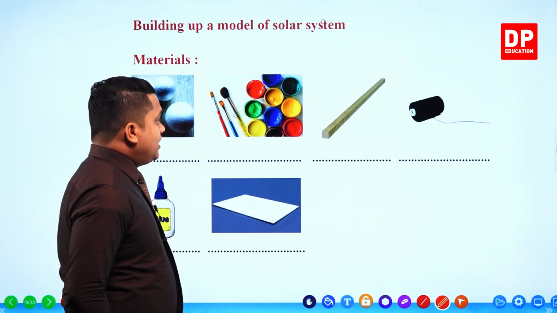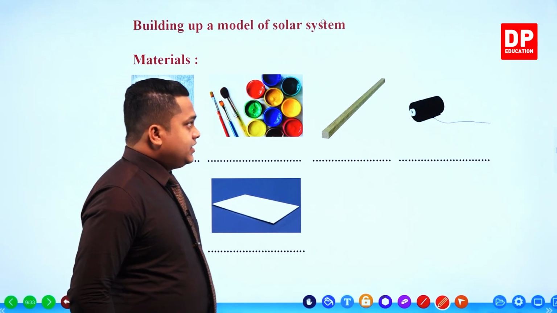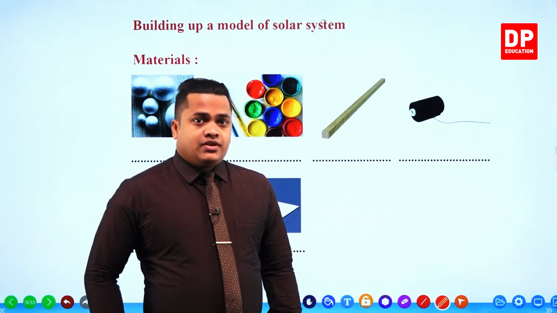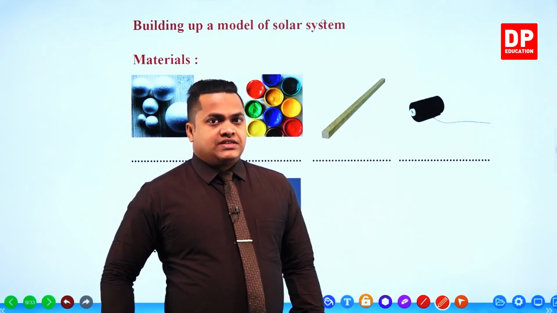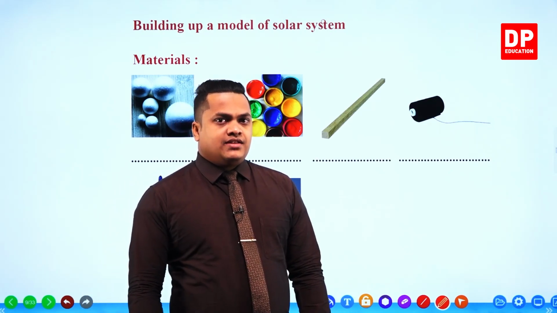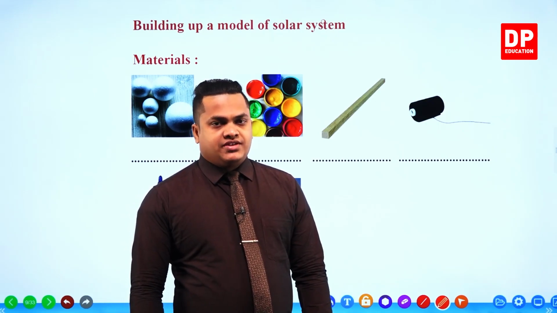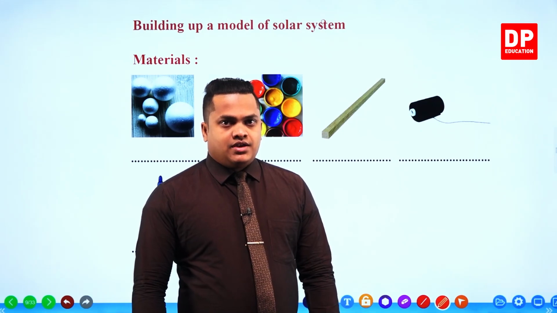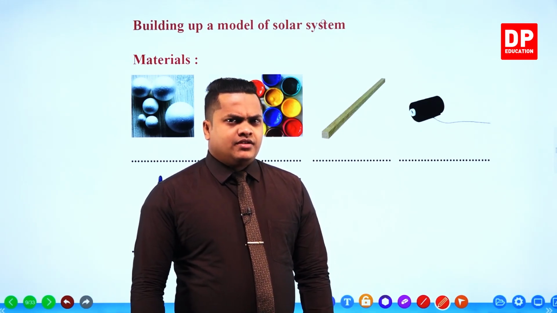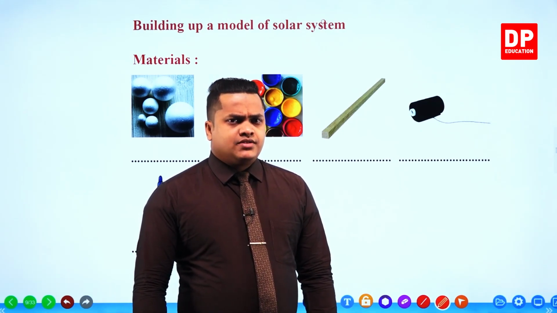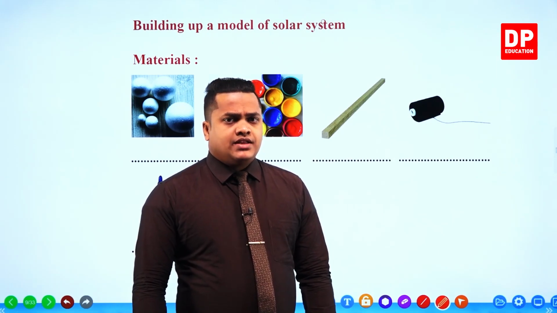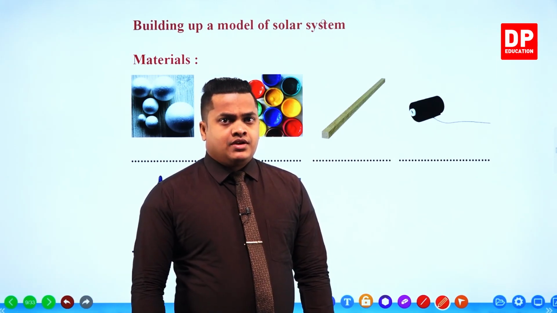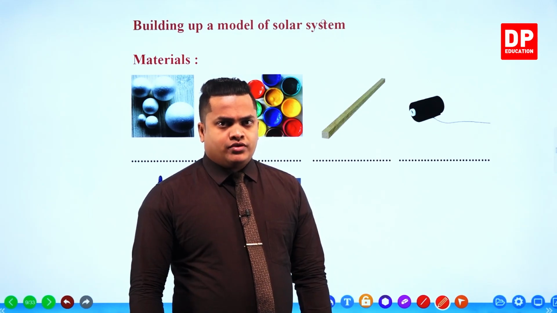In the earlier chapter, we discussed the planets contained within the solar system and several pieces of information regarding them: the distance from the sun, the tilt and the orbit, the moons, the rotational time, revolutional time, and so on.